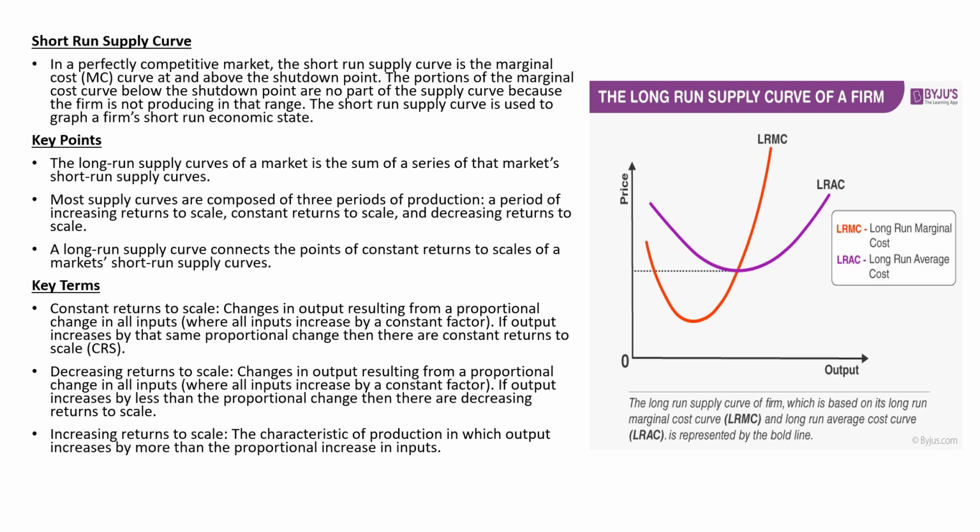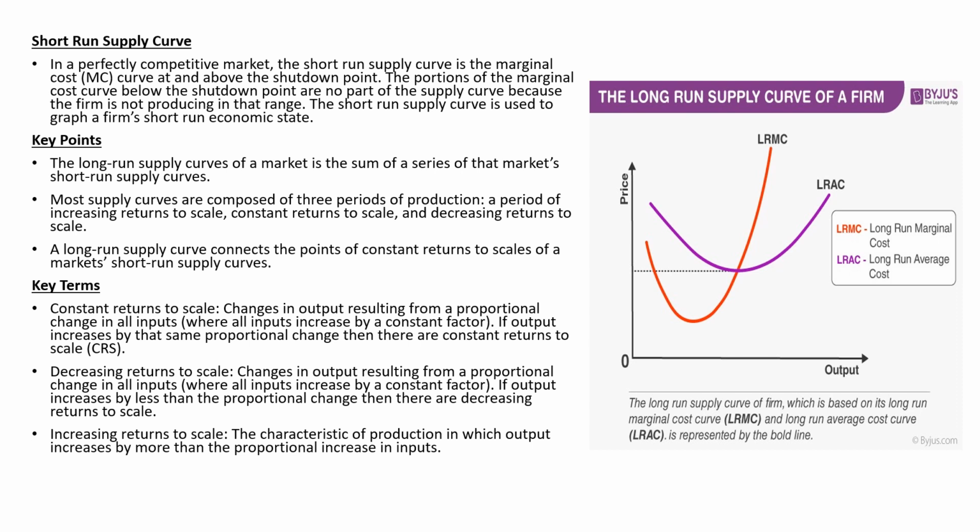Decreasing returns to scale means changes in output resulting from a proportional change in inputs. If output increases by a less than proportional change, then there are decreasing returns to scale. So that's a horrible situation, right? Where you actually increase the inputs, but the output decreases. So that's a situation that you really don't want to be in.